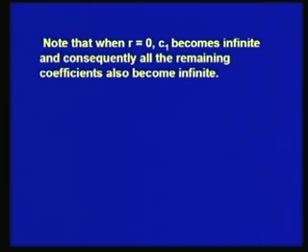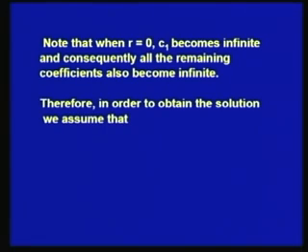Now let us note that when r is equal to 0, C1 becomes infinite here, and consequently all the remaining coefficients also become infinite, because they are related to C1 and hence to C0. So in order to obtain the solution, we assume that C0 is equal to A0 r.